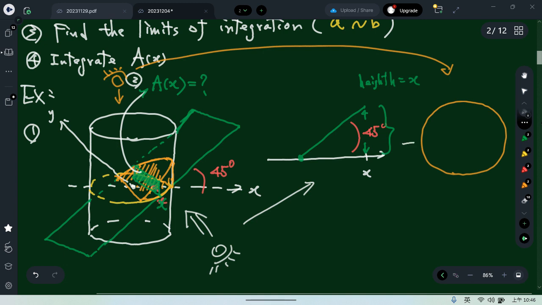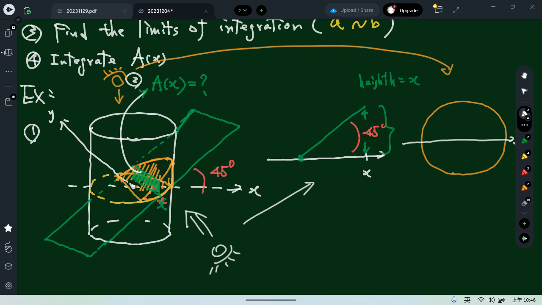If this is x, this should be x, right? And your cutting plane will reproduce, if this is y, this is 0. If your x is here, then you can get your cutting plane, you can get this one. This is the width.